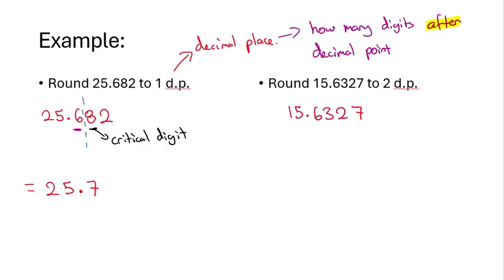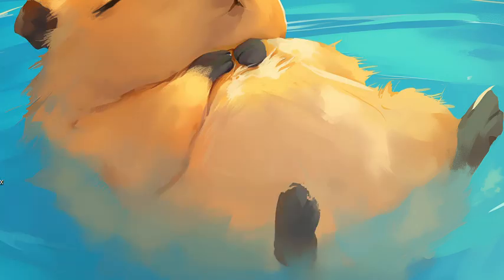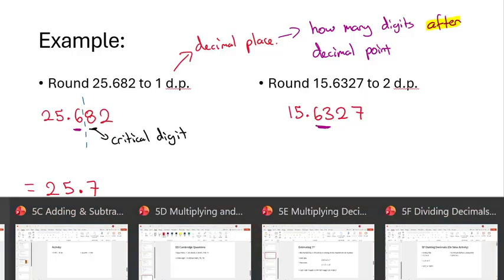15.6327. And now it says here to 2 dp. So I'm going to underline the two numbers here, like so. Now, draw my invisible line.